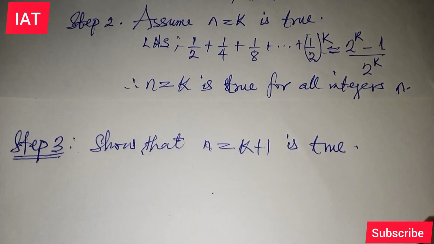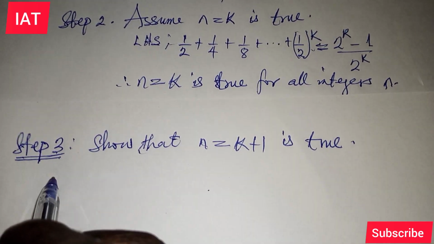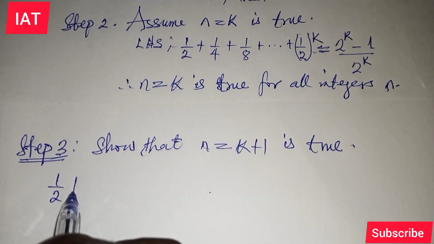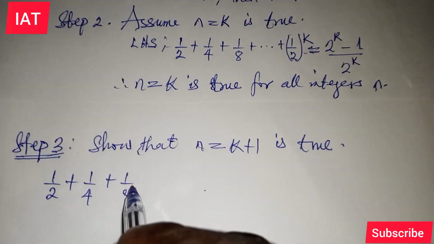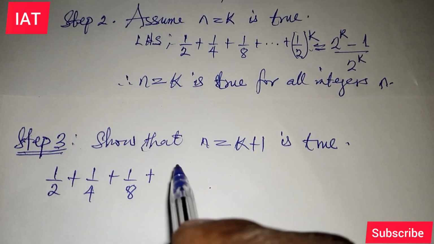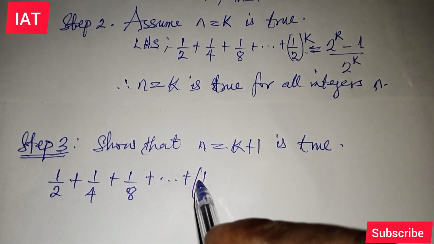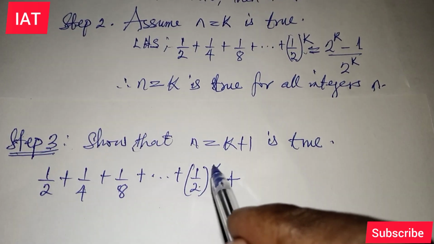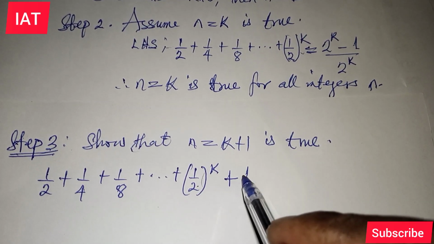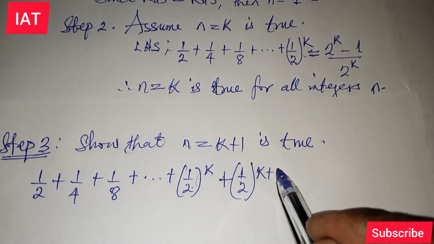So what do we need to do? We build it upon step 2. So copy down what you're having there, which is 1 over 2 plus 1 over 4 plus 1 over 8 plus the next thing, up to 1 over 2 to the power of k plus, this will increase by 1, so you have 1 over 2 to the power of k plus 1.